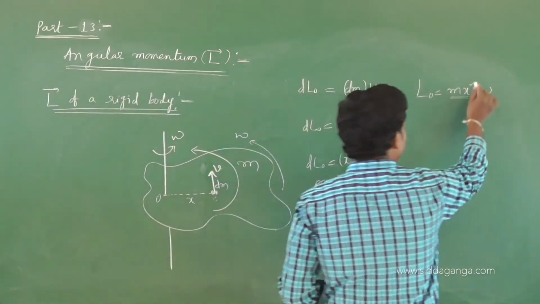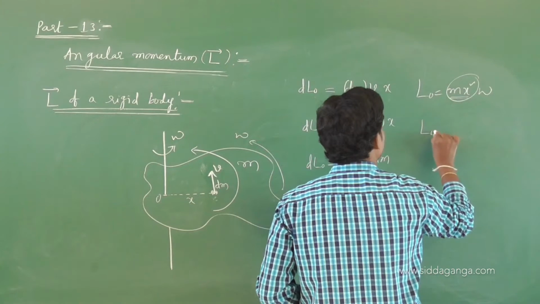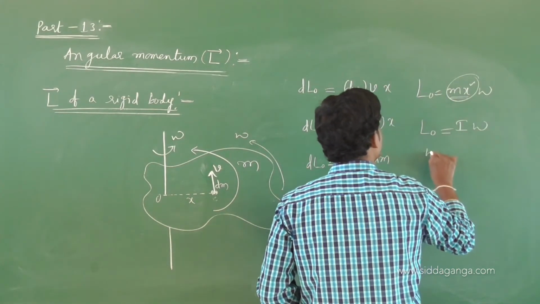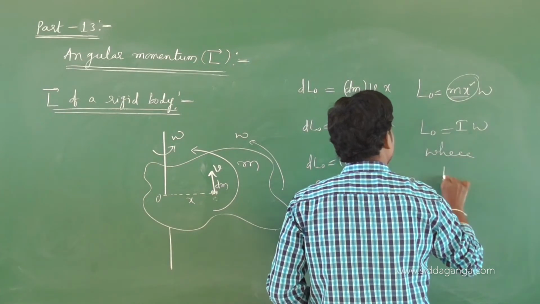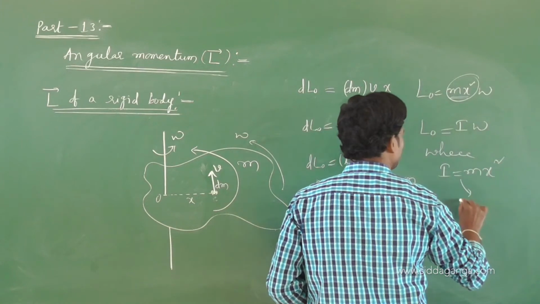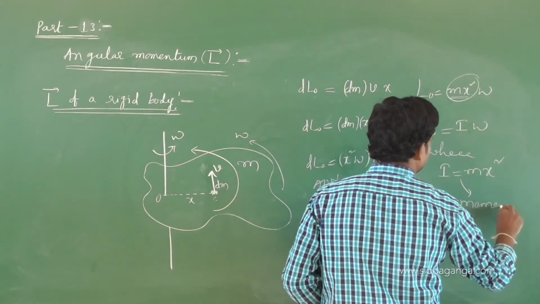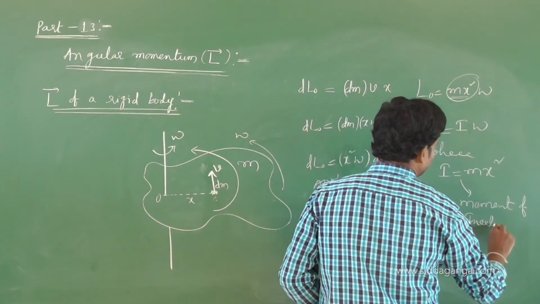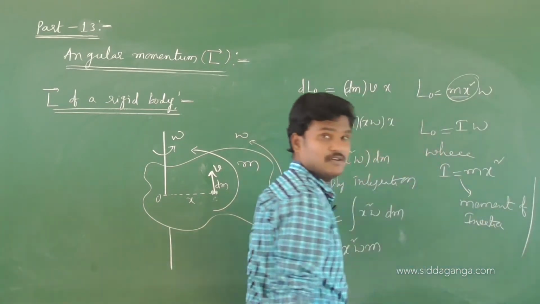This quantity, call it capital I, and omega as it is, where I, which is equivalent to mx square, is called one more new quantity, that is moment of inertia. Yeah, one more new quantity is coming now.